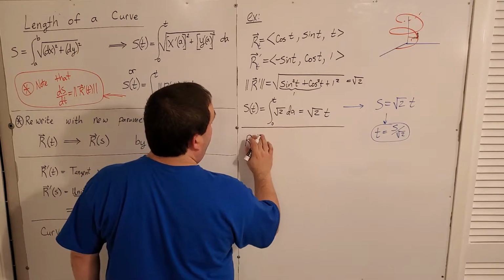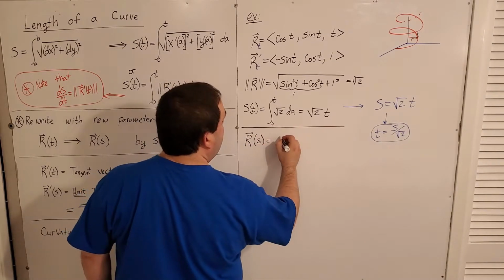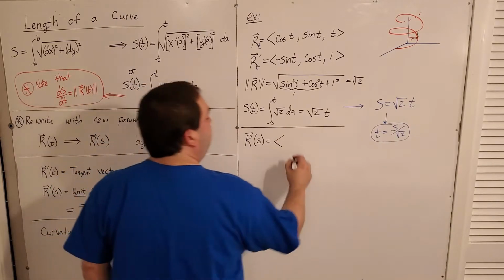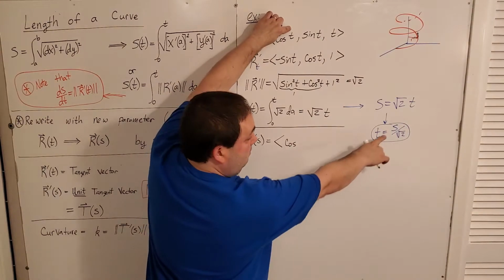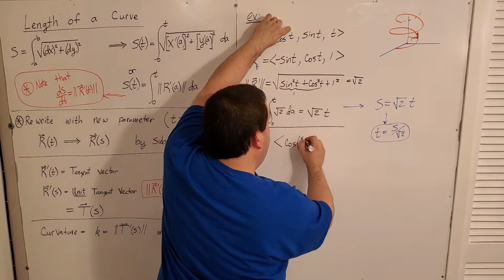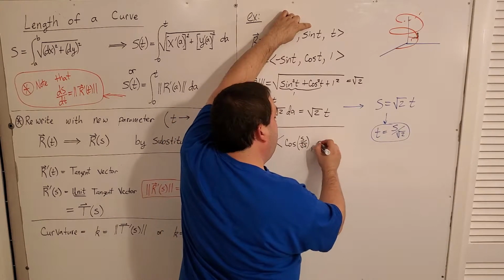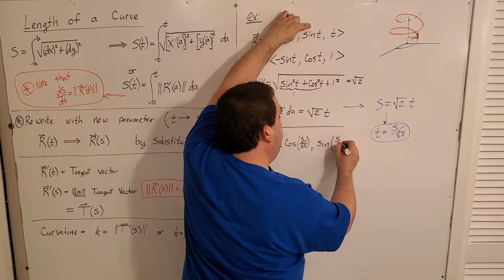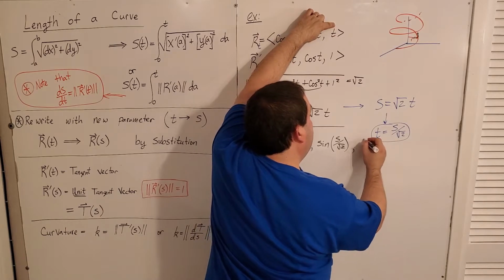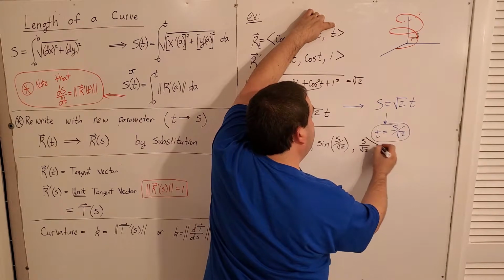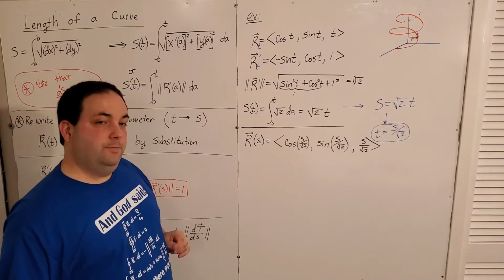R prime, not r prime, just r of s would then be the vector function cosine of something equal to t. So that would be s over square root of 2. Next, sine of s over square root of 2. And then just s over square root of 2 would be my reparameterized vector function.